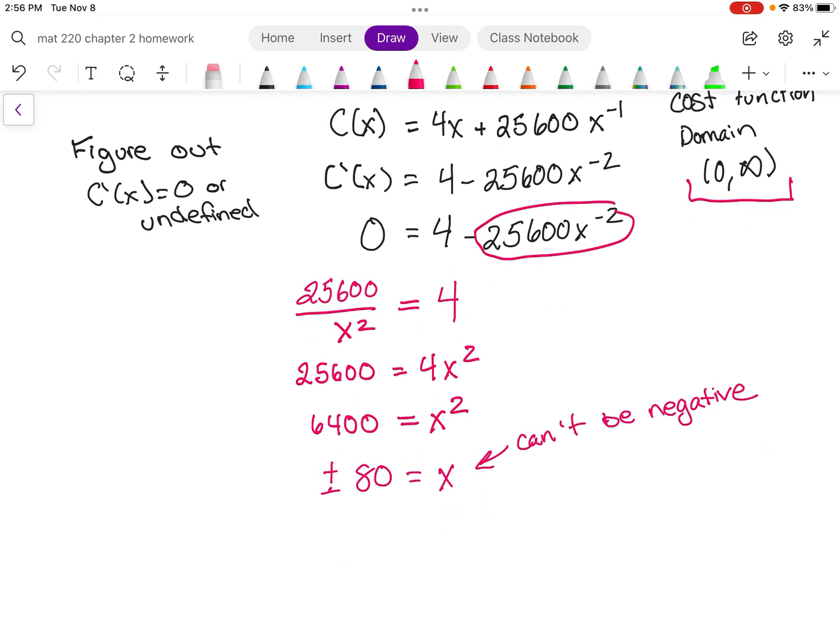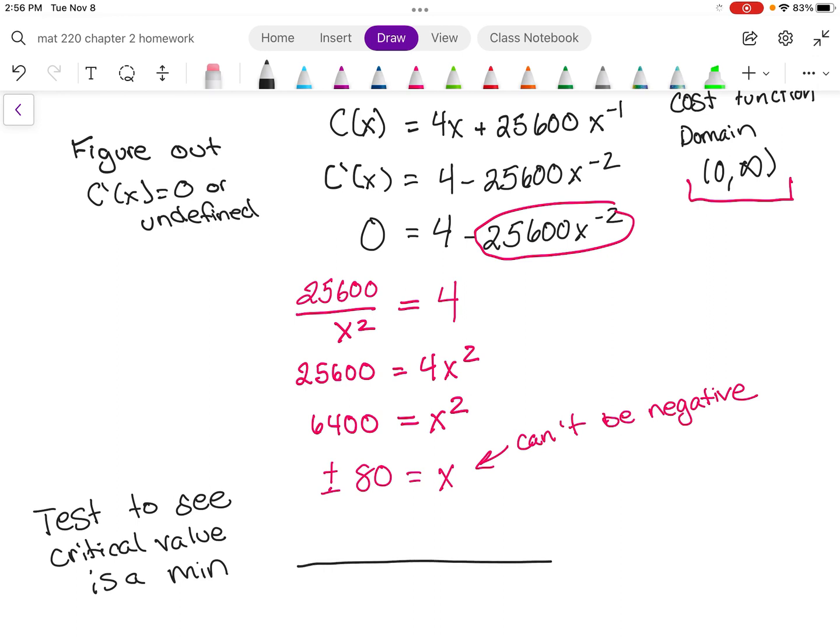So I found a potential critical point. I need to test. So next step, I'm going to test to see if my critical value is a minimum, because that's what I was looking for. So I'm going to use the first derivative test. So to use the first derivative test, I make a little sign chart.